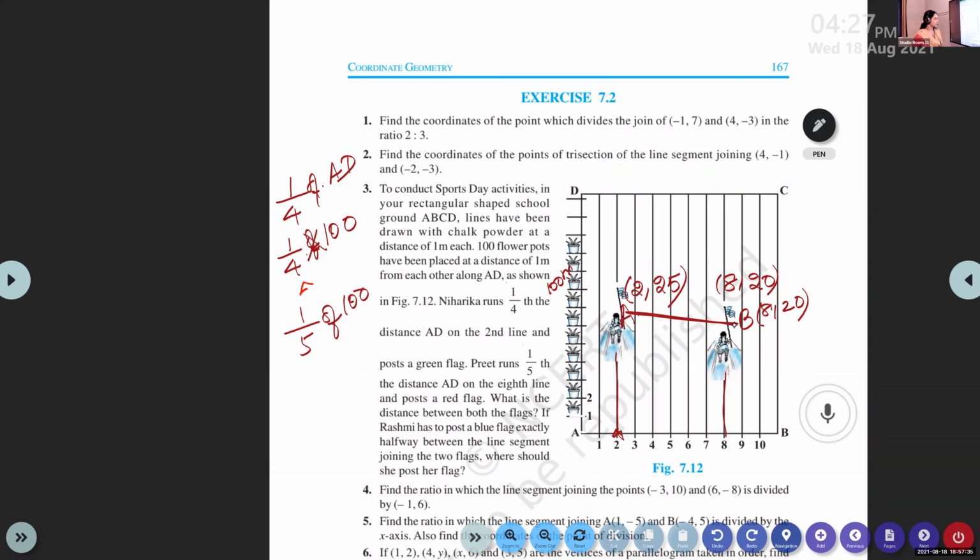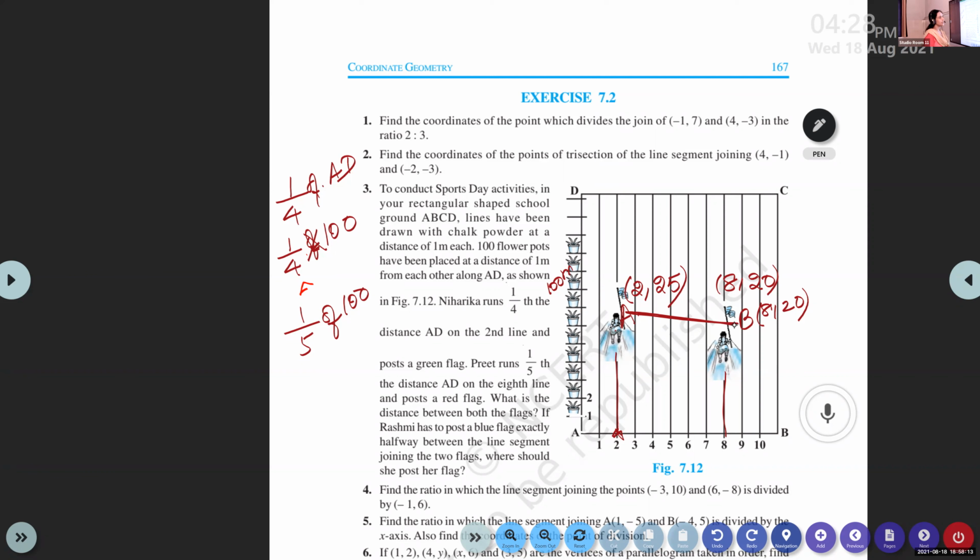Now what is the next part asked? If Rashmi has to post a blue flag exactly halfway between the line segment joining the two flags, where should she post her flag?